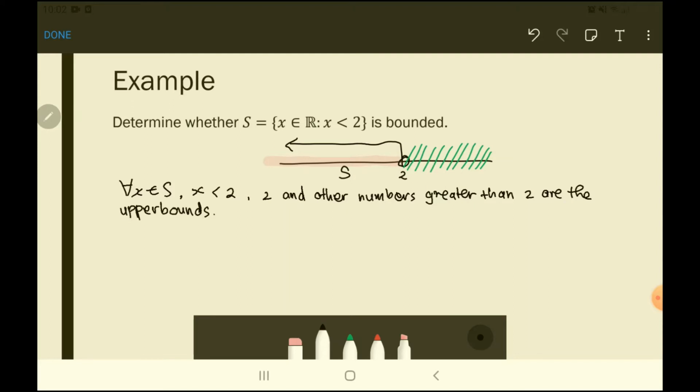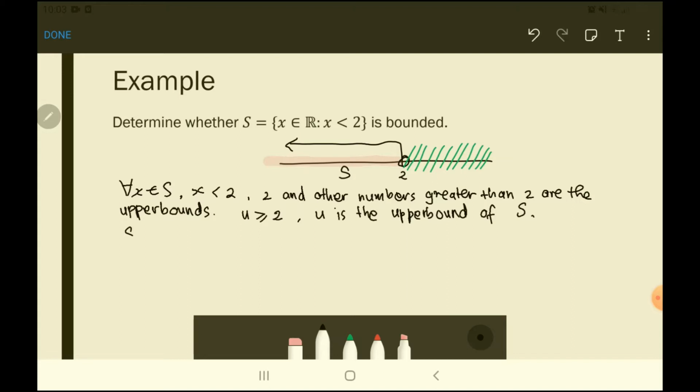See, this set has lots of upper bounds because all values greater than the elements of S will be upper bounds. So I can say u greater than or equal to 2. u is an upper bound of S, right?